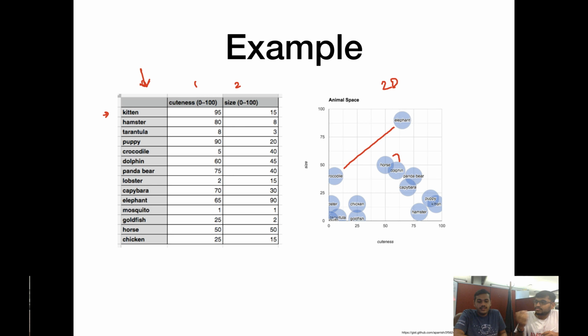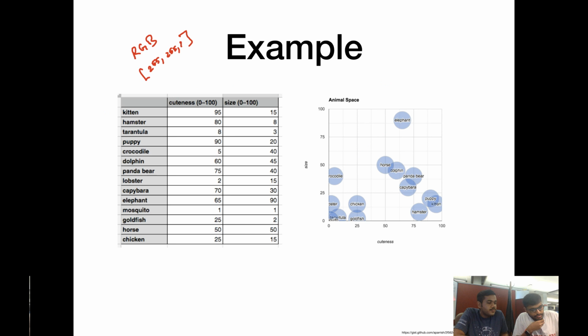representing colors as vectors. Okay, the simple thing which we know. Sorry about that, my bad. So we know RGB, right? RGB can be represented in this 255, 255, 255 in this 3D space, correct?